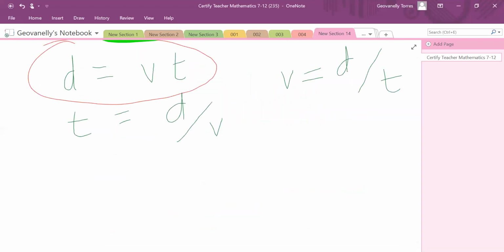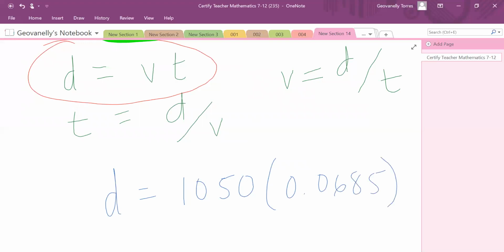So we know we must find out the value of distance, or d, equals velocity. We said it was 1050, and t, we said that it was 0.0685.